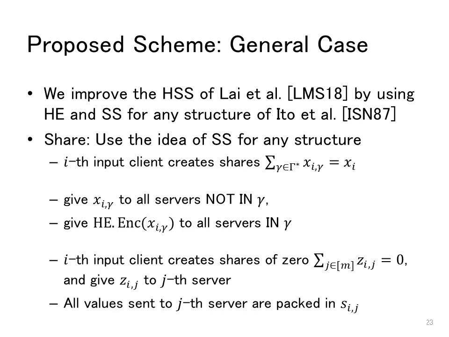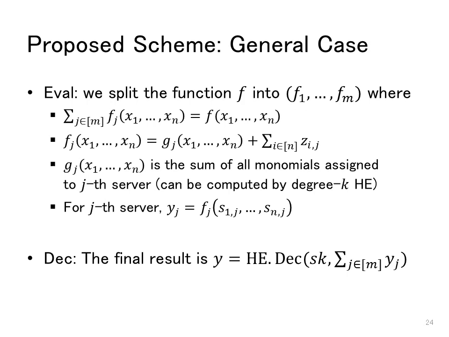The i-th input client also creates shares that sum to 0 and sends each share to each server. All values sent to the j-th server are packed in S_ij. For the evaluation algorithm, we split the function f into functions f_1 to f_m with these conditions. The sum of f_1 to f_m must be equal to f.